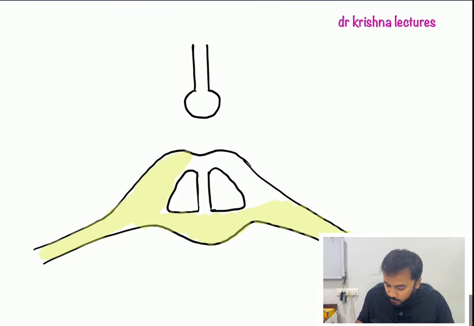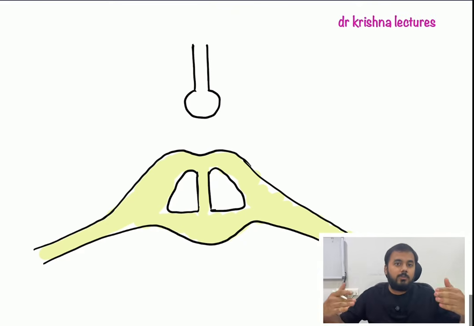And within that sphenoid bone, how many sphenoid sinuses have we got? We have got two sphenoid sinuses. I'll label the names later, but for now these are two sphenoid sinuses and we have got the sphenoid bone. What did I tell you? On the lateral aspect of your sphenoid bone, you have got this cavernous sinus.